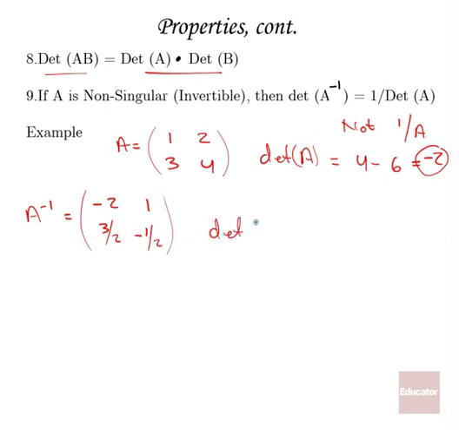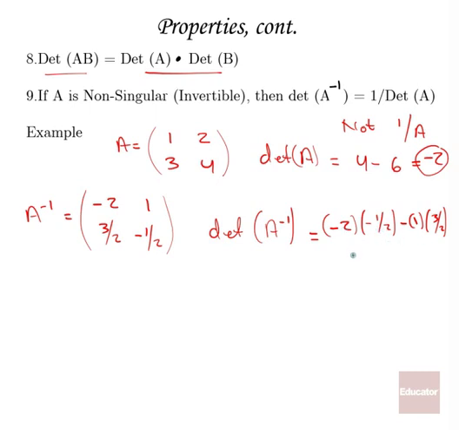When we take the determinant of the inverse, we get minus 2 times minus 1 half, minus 1 times 3 halves.